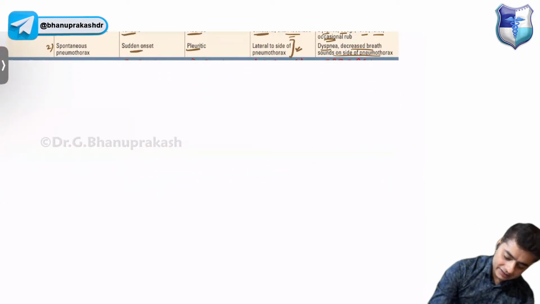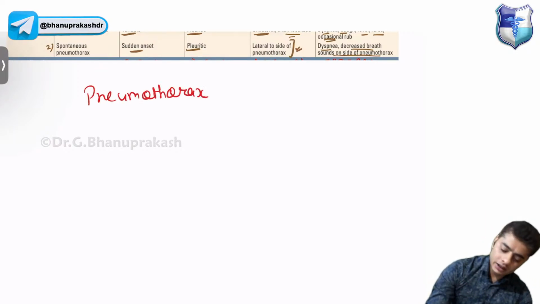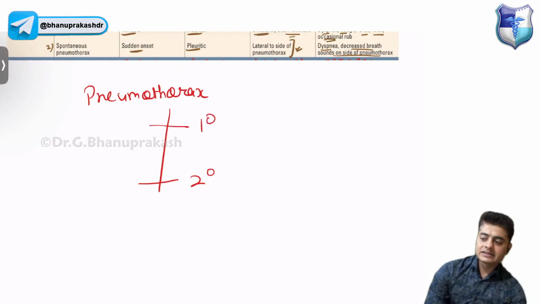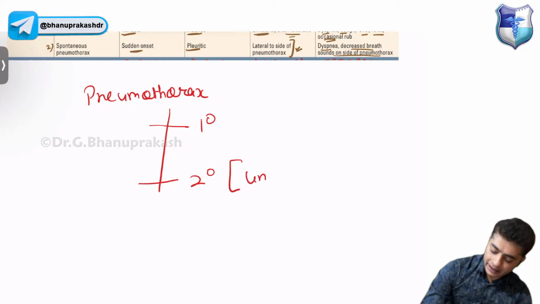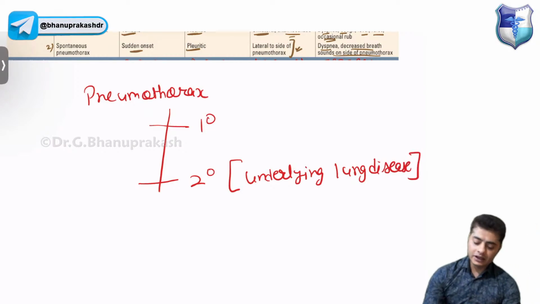Now, pneumothorax can be primary or secondary. Secondary is due to any underlying lung disease, that can be asthma or COPD.